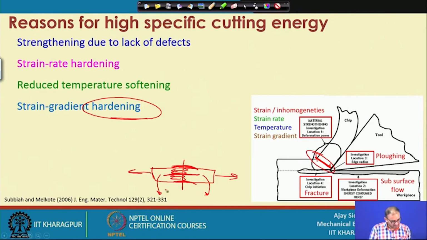So, this is bending and this is tension. In tension you will not get that much strain gradient, because it is uniform strain throughout the material, but when you bend it, it is variable. The same thing happens here: at one location you are getting a very high strain and at another location a low strain within the same specific zone. So, that is also one of the reasons for high specific cutting energy.